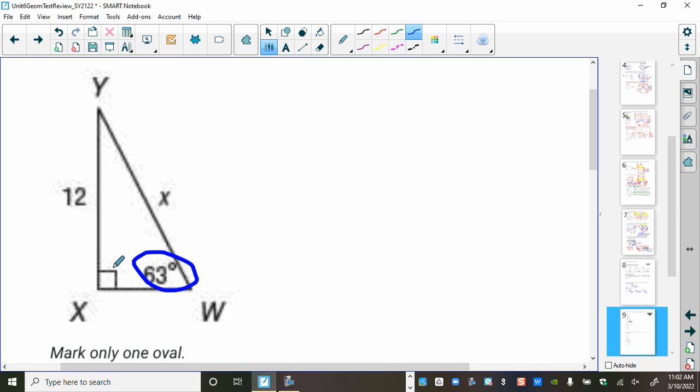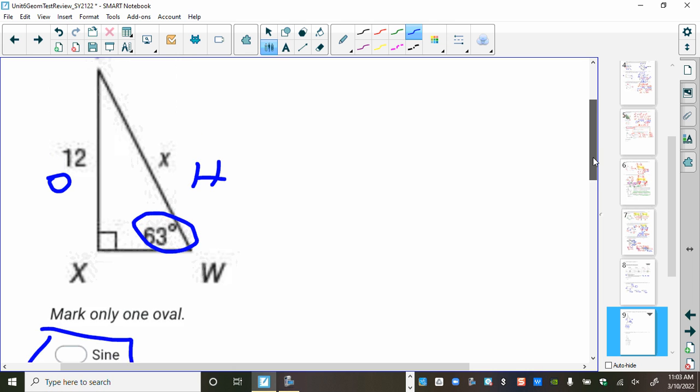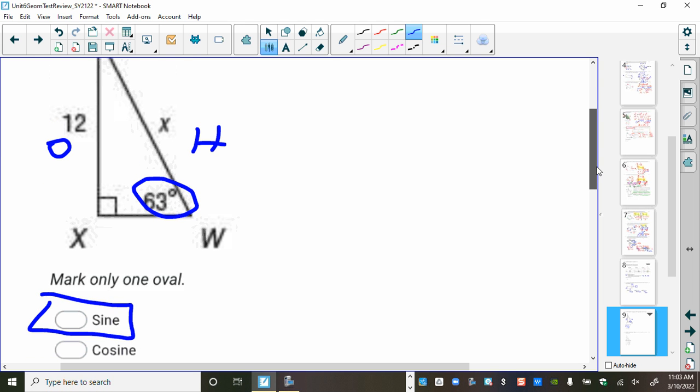Are we using sine, cosine, or tangent? So given, you're going to be using a sine because you have a hypotenuse, opposite. That's an automatic sine. You have to use the sine. So I just want everybody to get that down.